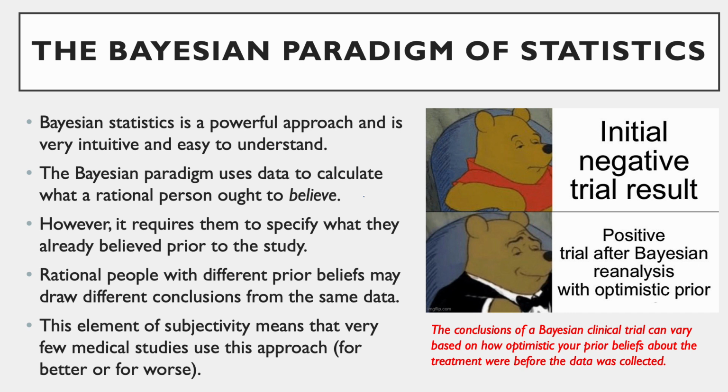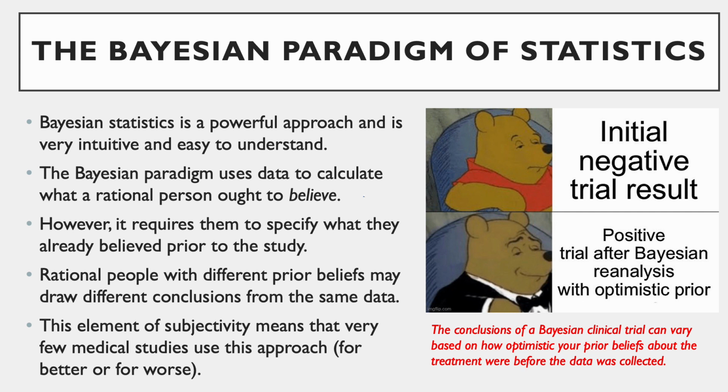Now, unfortunately, it's not possible to tell a person what they ought to believe based on some limited data without first knowing what they already believed based on the lifetime of experience and information that they had gotten before the study. So, in order to do a Bayesian analysis, you have to first specify what your prior beliefs are.